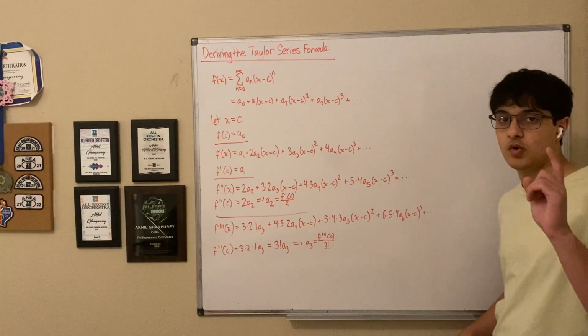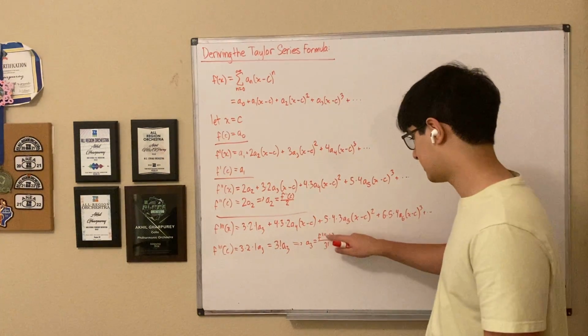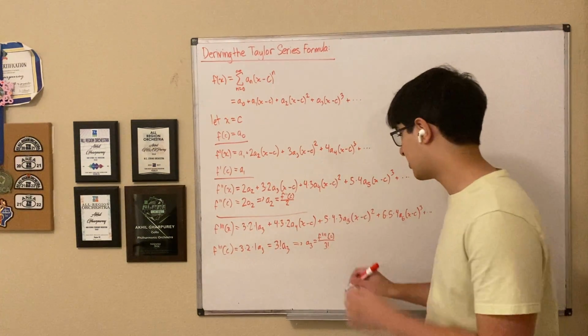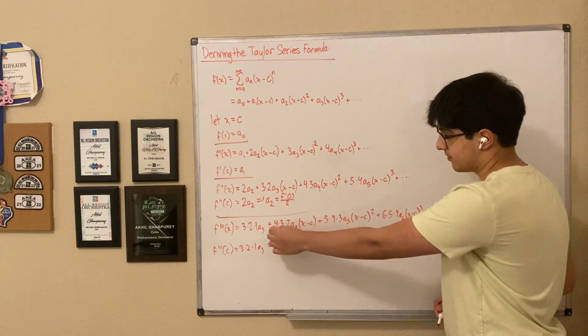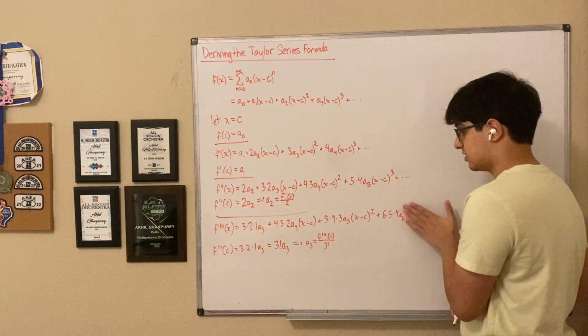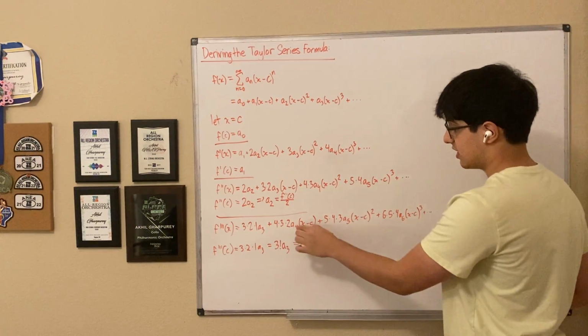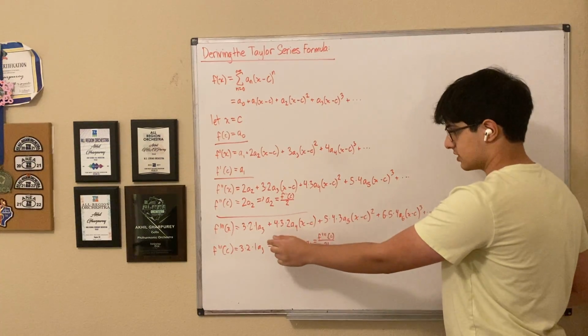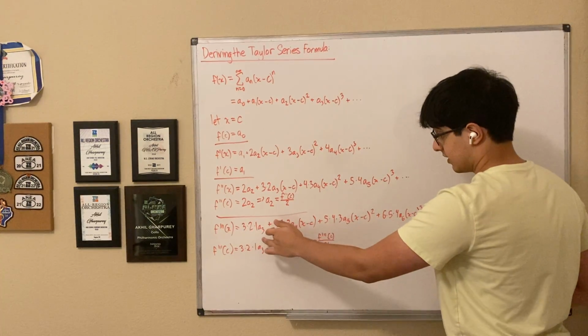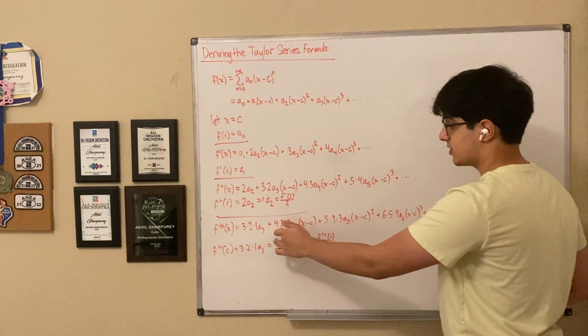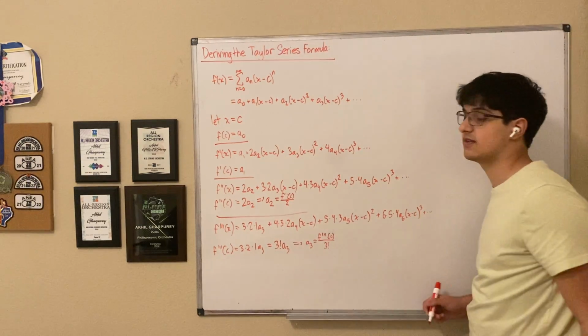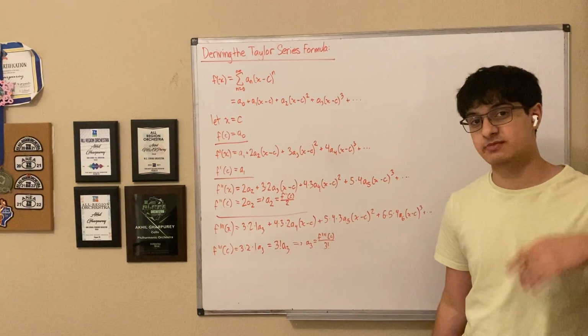And now we can stop differentiating. Because if we were to differentiate one more time, the fourth derivative of x is going to be 4 times 3 times 2 times 1 times a sub 4, and that's 4 factorial times a sub 4.